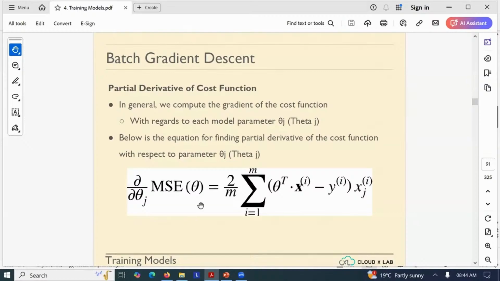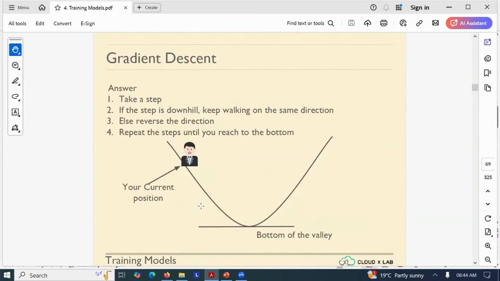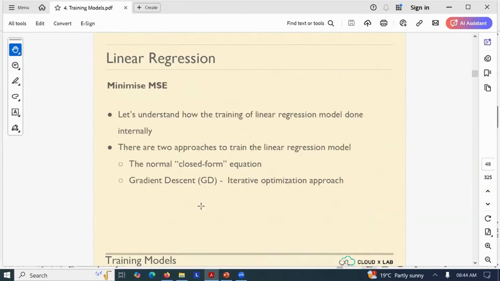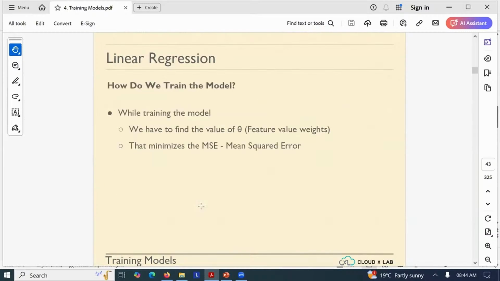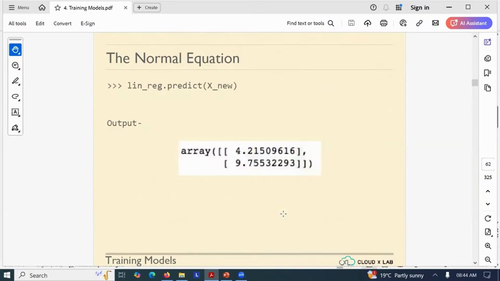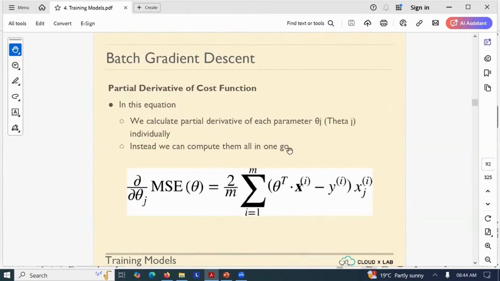Okay. So if you use this MSE loss, and if you perform differentiation with respect to unknown theta, then you will get this value, right?